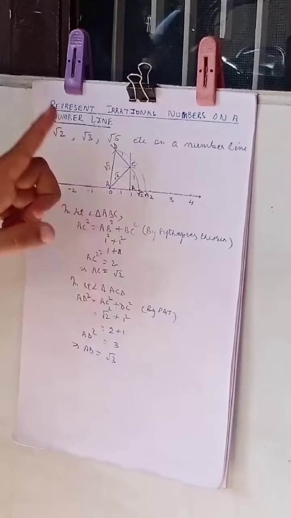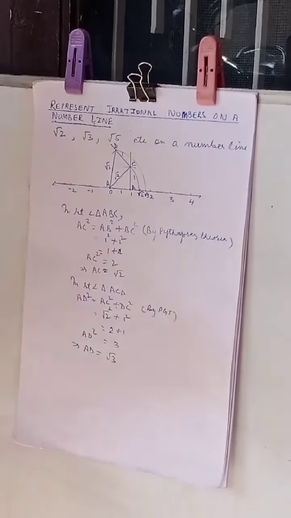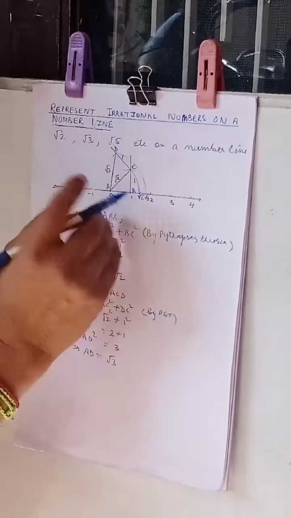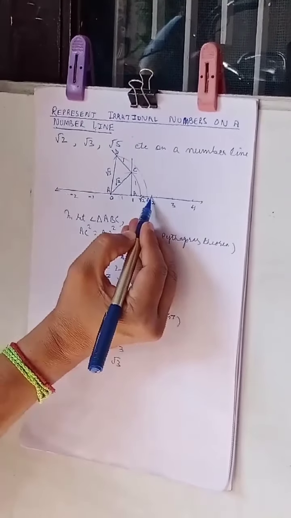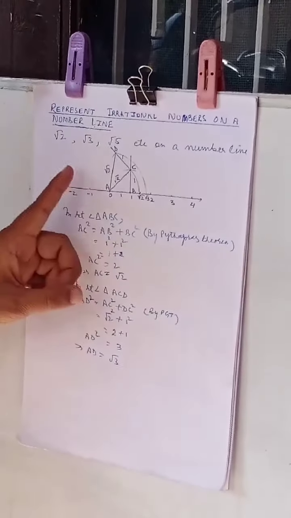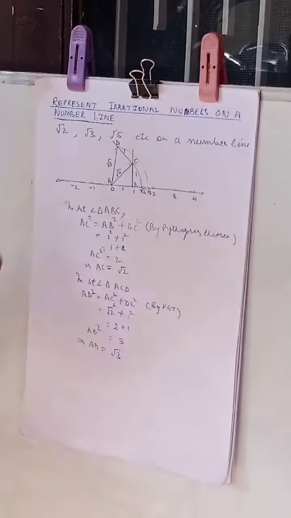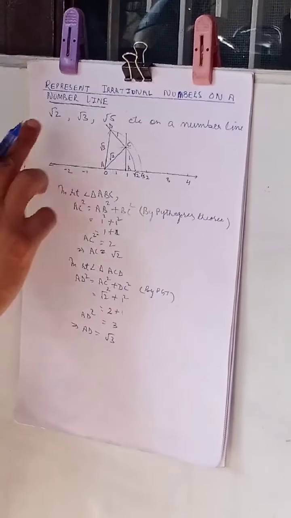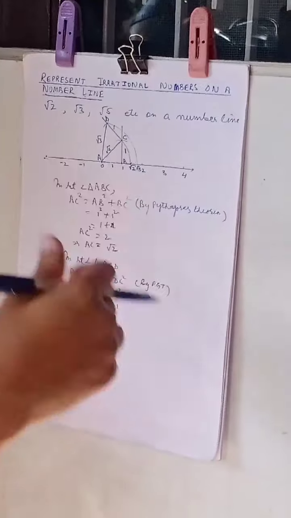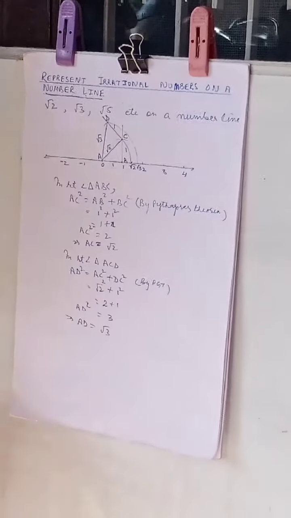root 3, root 4. No बेटा, root 4 is what? 2. तो जब हम root 4 की आर्क लेंगे तो वो आर्क कहाँ मिलेगी? पक्का इस पे मिलेगी. So you students, you just try it at home and locate root 5, root 6 and so on a number line.